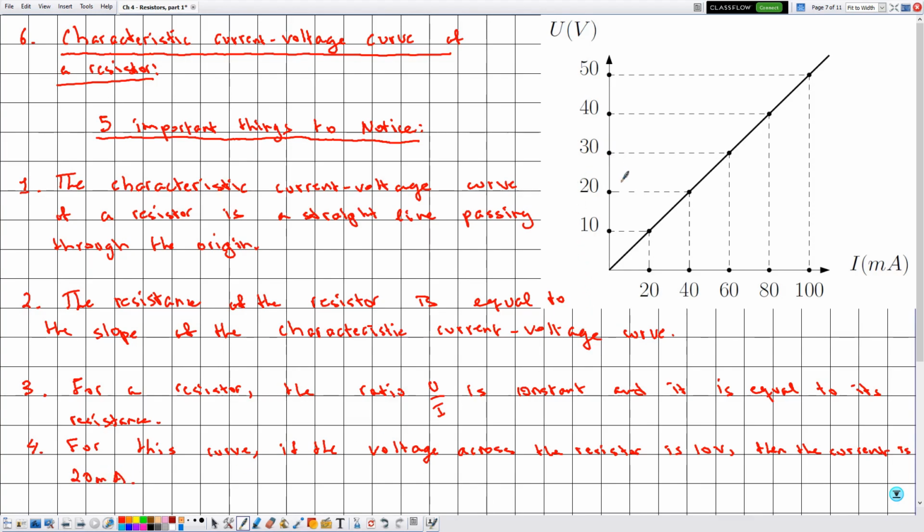So referring to this curve, if we know the voltage across the resistor, we can determine the value of the electric current traversing this resistor.